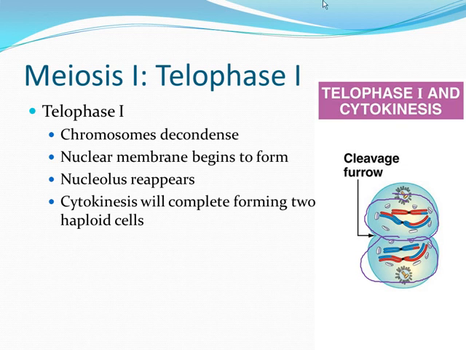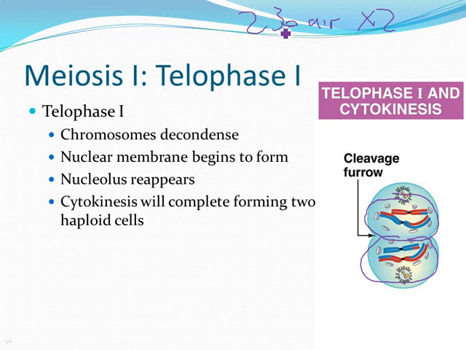So let's talk about it. Originally, it's 23 pairs. When we're talking about pairs, we're saying one set is from our mother, the other set is from our father. And then when we replicated it, it's just 23 pairs times 2. During anaphase 1, we're taking one set or the other.